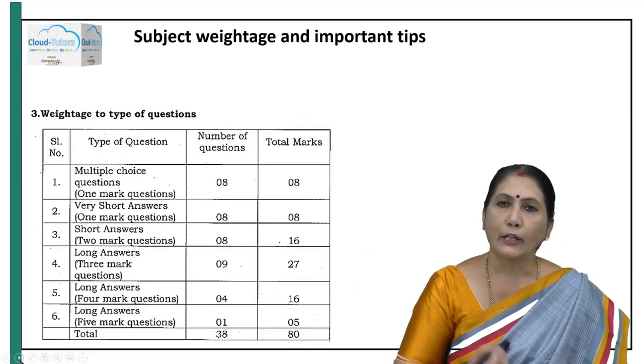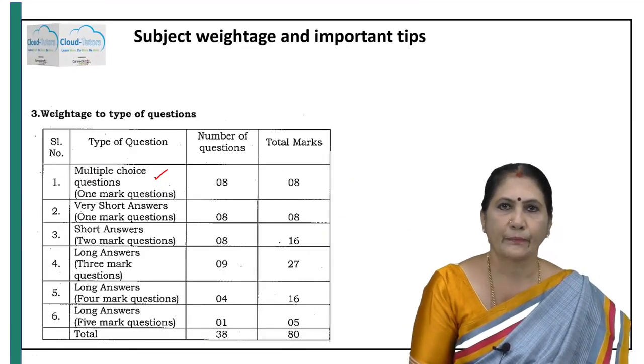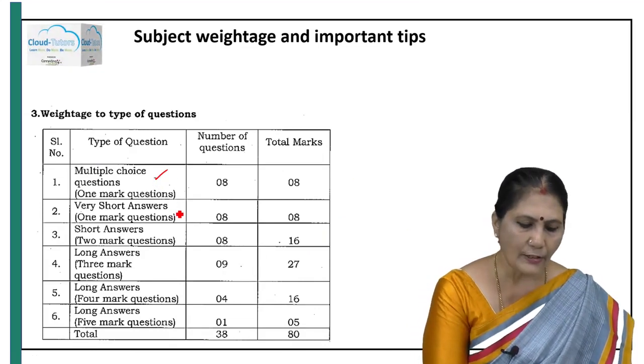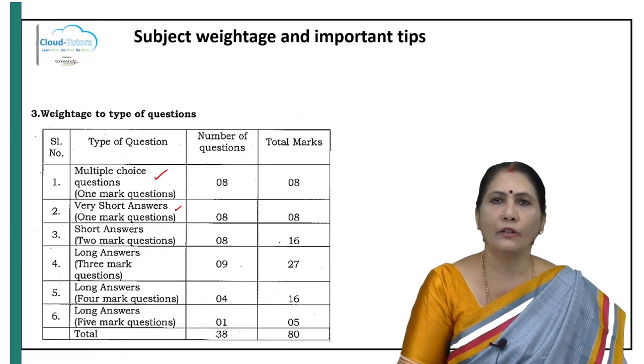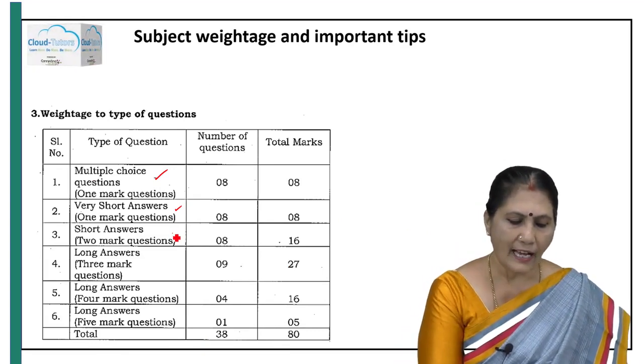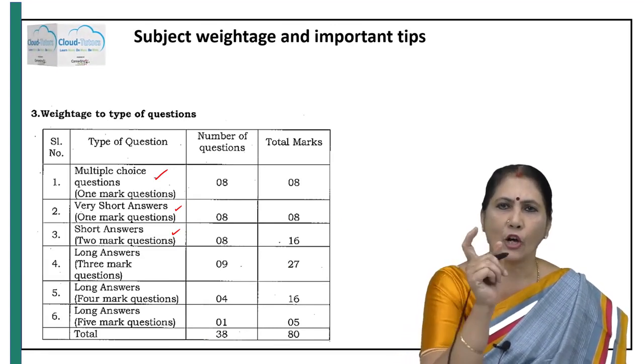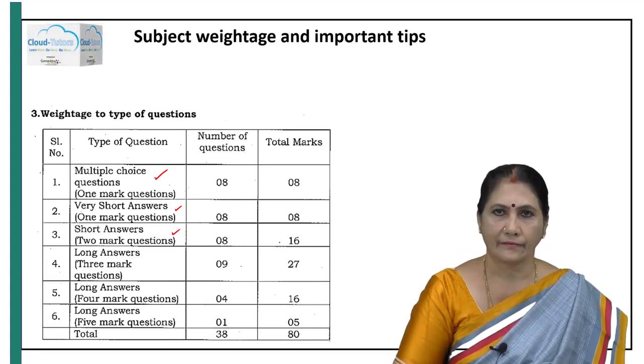Now, there could be questions asked as multiple choice questions. They can ask you 1 mark questions, just in one word. They can ask you 2 mark questions, which are very short in answering.